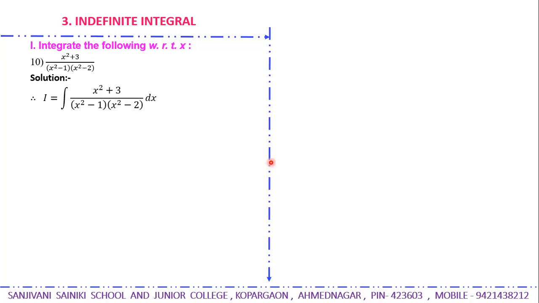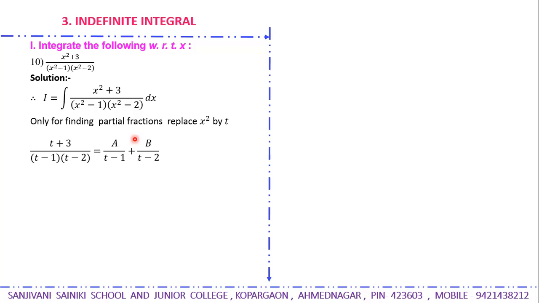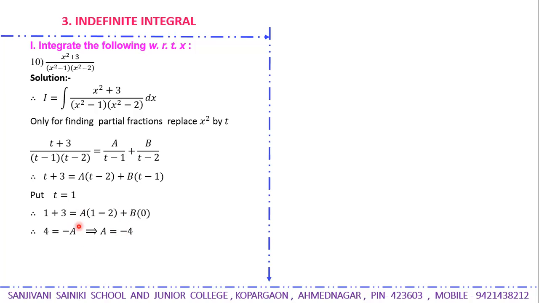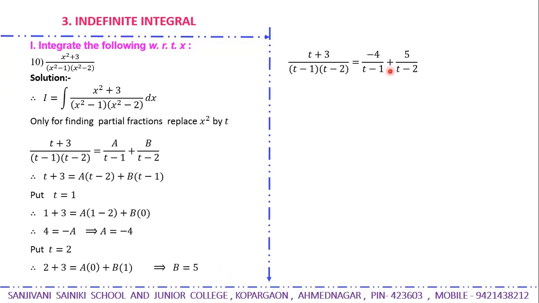The 10th example. Here also each power of x is 2, so we will replace x square by t only up to finding the partial fractions. As usual, we find the values of a and b.